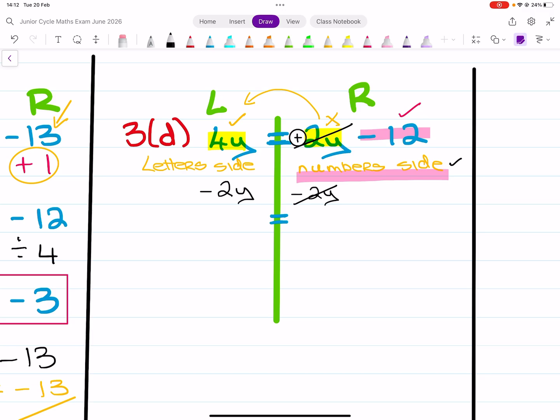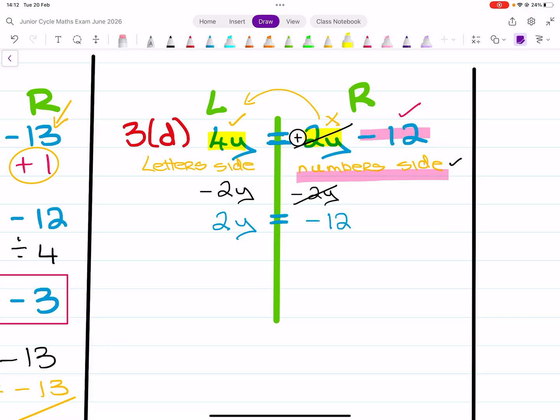So let's tidy up. So 4y take away 2y. They are from the same family. They're both from the y family, which means that's maths we can do. So we just do 4 take away 2, which is 2, and we put the family back in. So it's 2y. The other side, the only thing remaining is the -12.